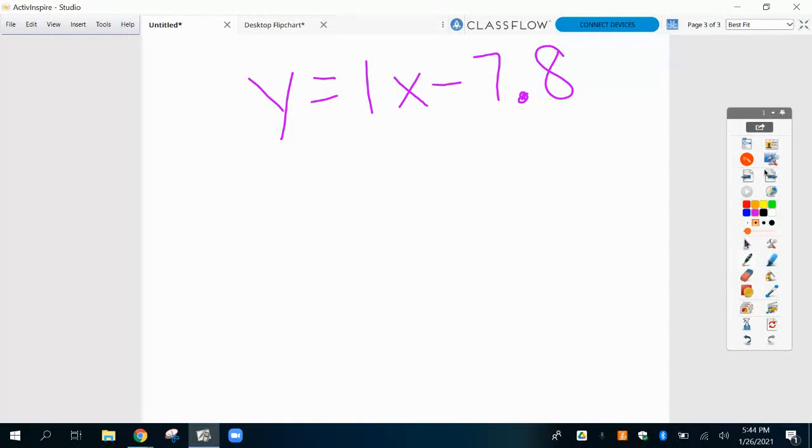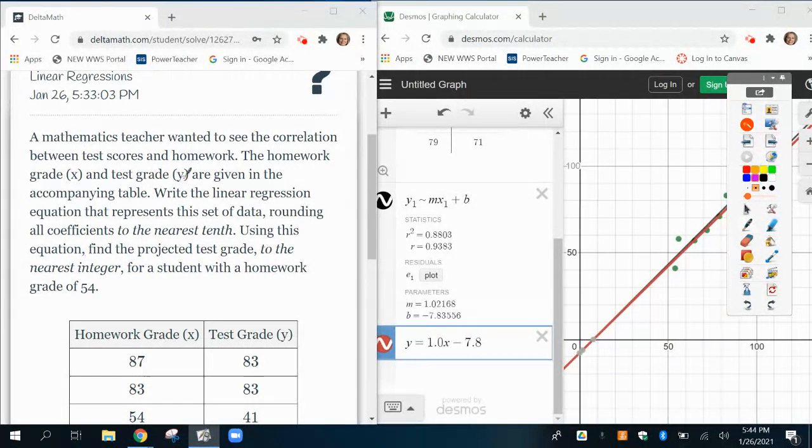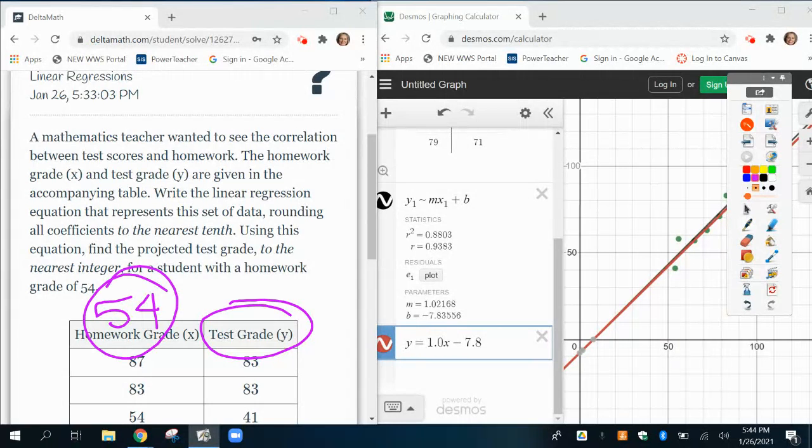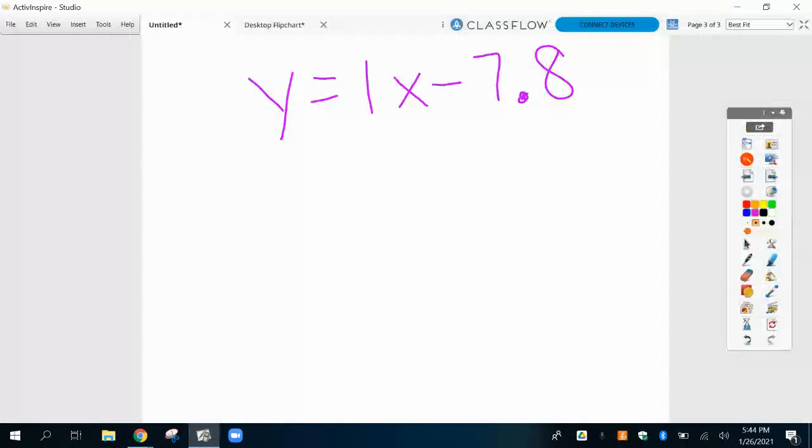It wants us to find what the y value would be, right? What the test grade would be based on knowing a homework grade of 54. So one option is that we can plug in 54 for x, and we can do that by hand. So we can say 1 times 54 minus 7.8.